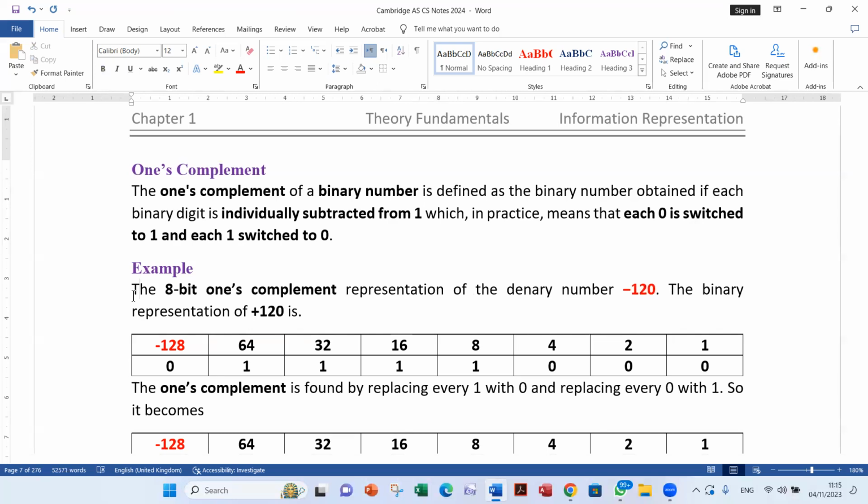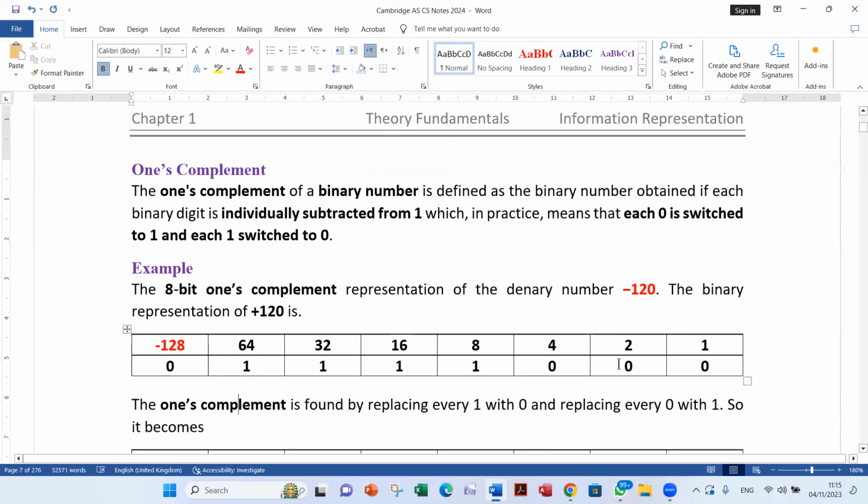So you would like to represent the 1's complement of negative 120. The way is that you forget the negative and find the denary value of positive 120, represented in binary.